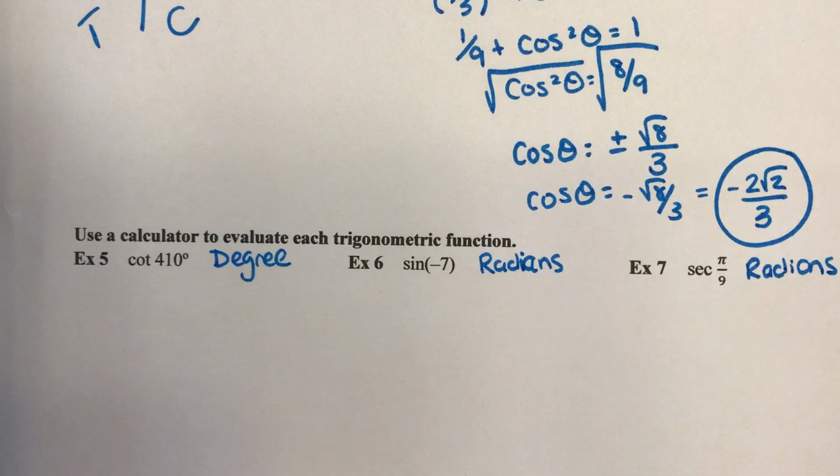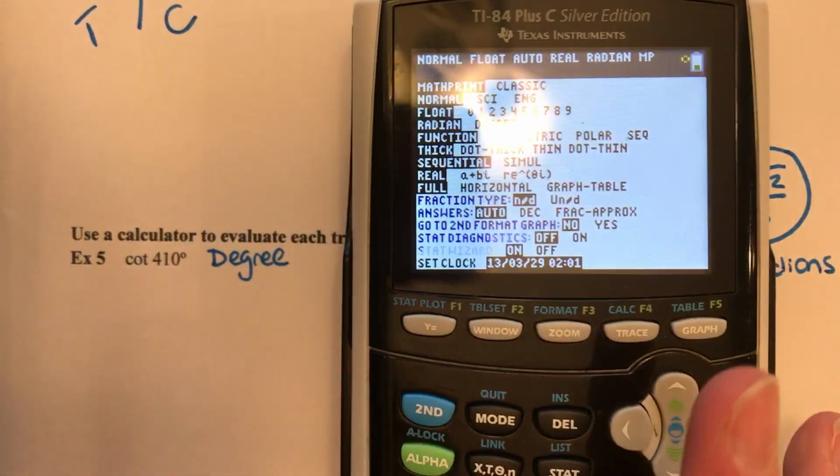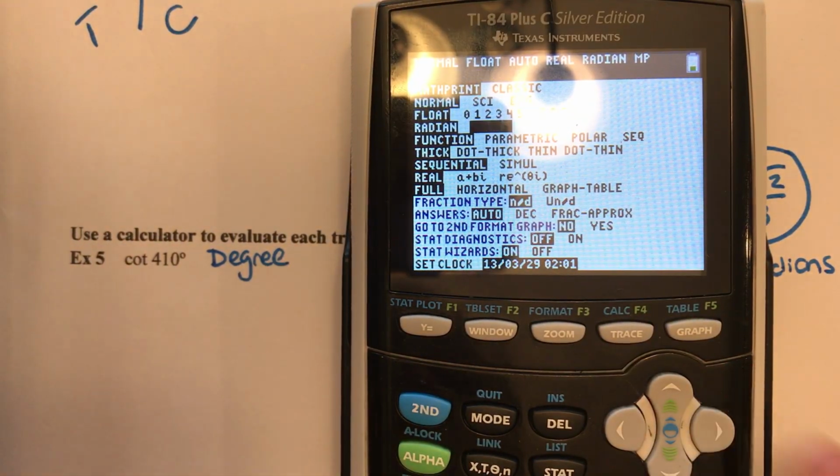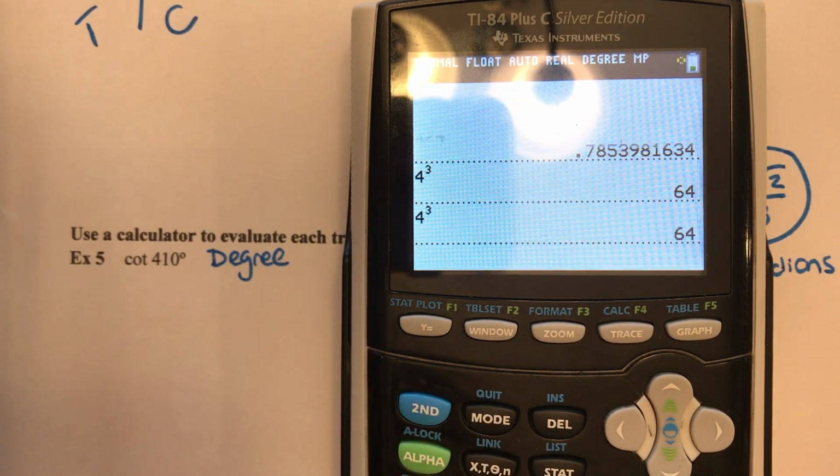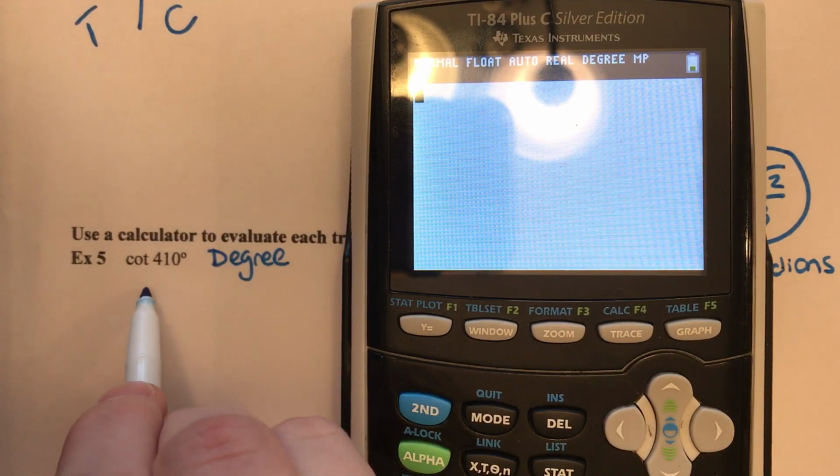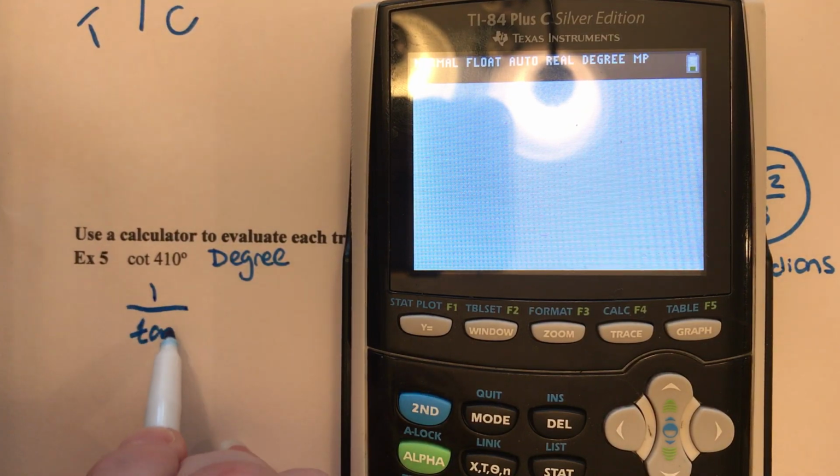So real quick, let's go ahead and set our calculator mode to degrees to start us out with. So go to your mode, highlight degrees, and cotangent. So I'm going to type that in as 1/tangent of 410.